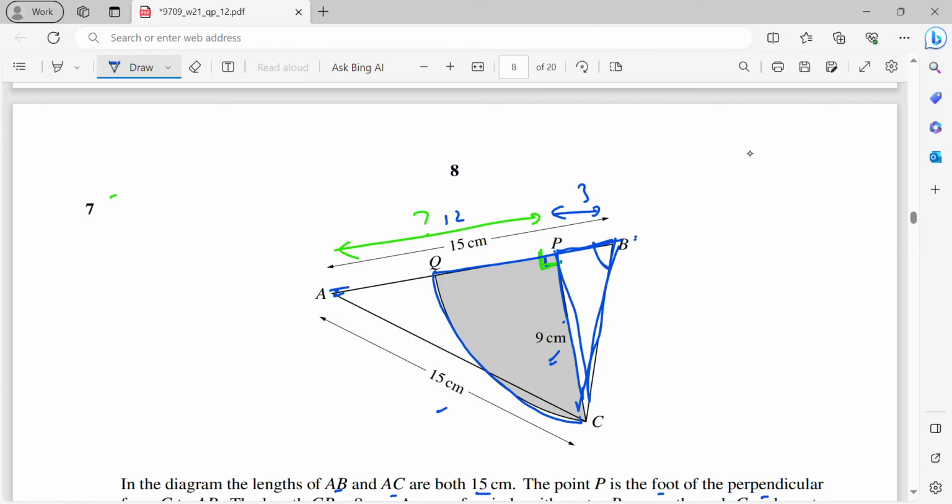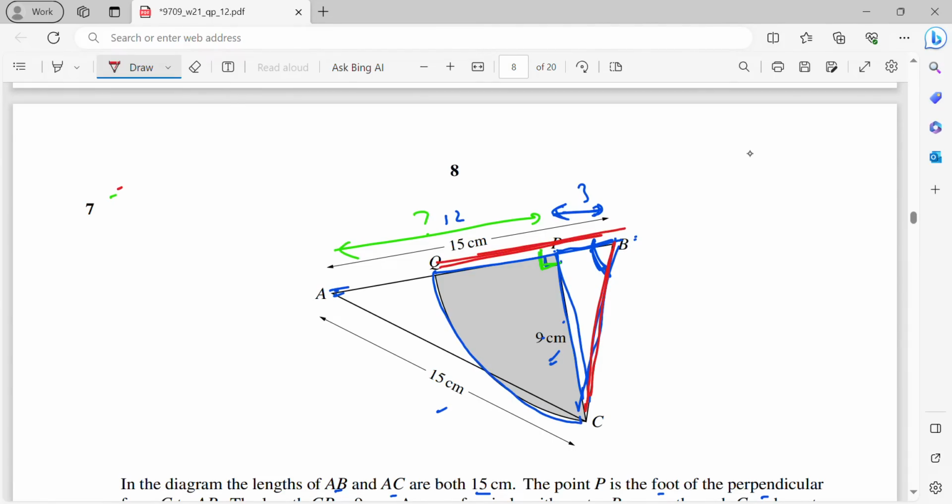Just now we have found this angle here, and we know that this is 3, here is 9, so I need to find what is the radius, which is BC, and it's also the same as BQ.